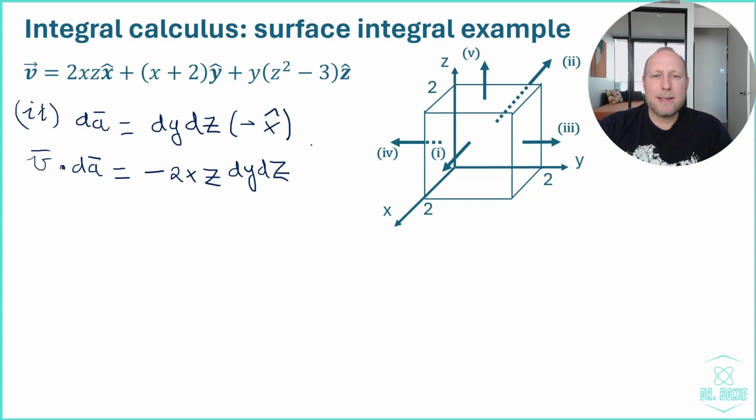But in this case, the value of x on the back face of the cube is 0. So we can just plug in 0 for x and we find v dot dA is 0, meaning that the surface integral over the second face of the cube is just 0.